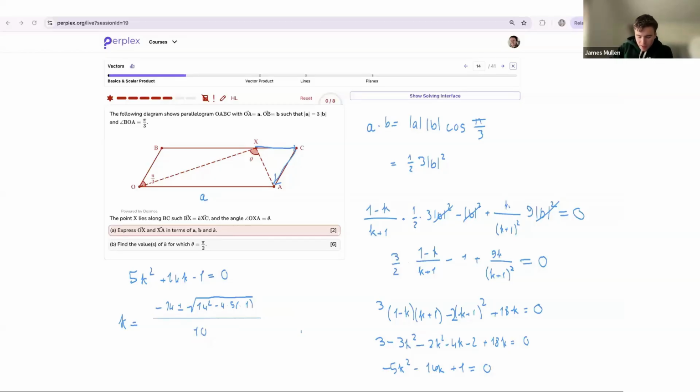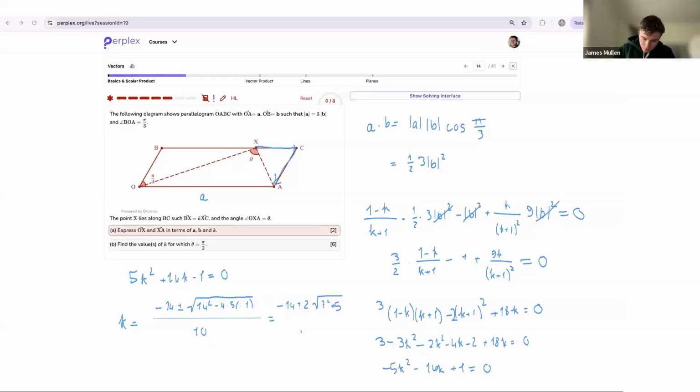And I don't want to square the 14 because otherwise it's going to be a bit messy, but I'm going to realize that 14 is 2 times 7, so I have 4 times 7 squared, minus 4 times 5 times minus 1. I can factor the 4 out of the square root as minus 14 plus or minus 2 root of 7 squared plus 5, right?